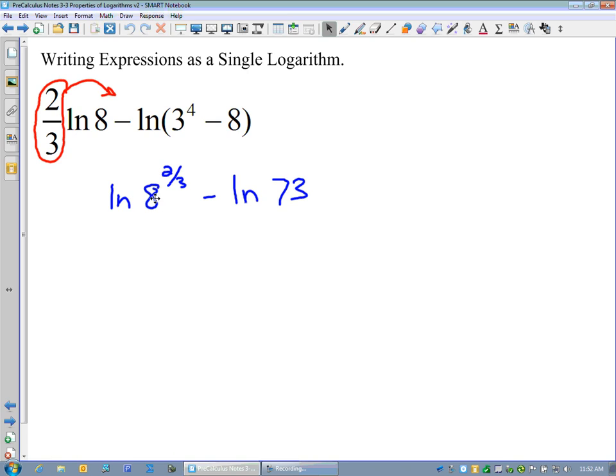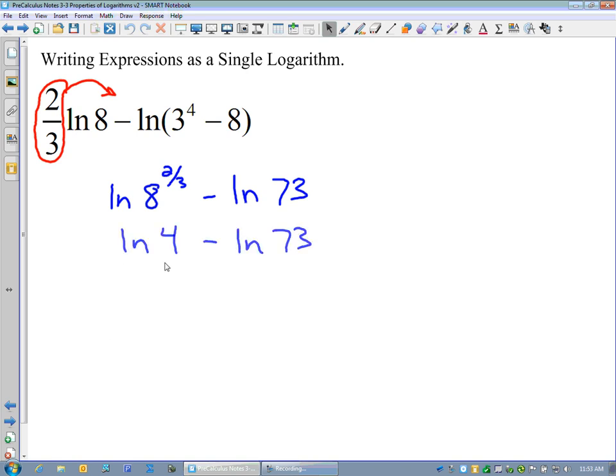I could square 8 and then take the cube root, or I could take the cube root and then square the result. I generally find it easier if you're able to take the root and have it come out evenly, then go ahead and do the root first, because then you'll be working with smaller numbers. So rather than trying to figure out the cube root of 64, it's easier to take the cube root of 8, which is 2, and then square it to get 4.